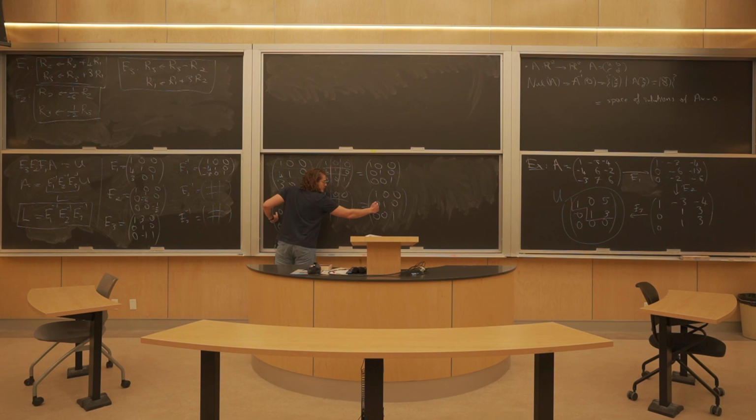So the 2, 1 entry comes from the second row of the left one and the first column of the right one. And if I look at this guy, these 2 entries are 0, which means that these 2 are not going to matter. The only thing I can do so that I get 0 at the end is to kill this. The only way you can kill this without using these 2 is by putting a 0 here.